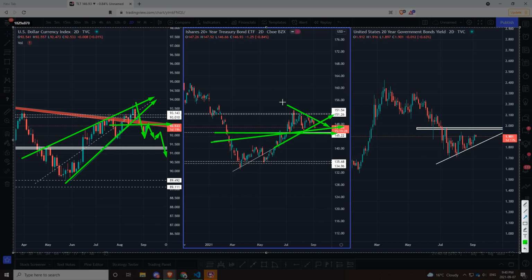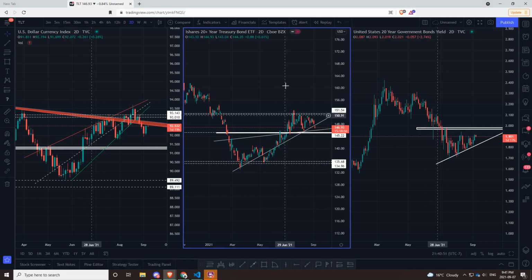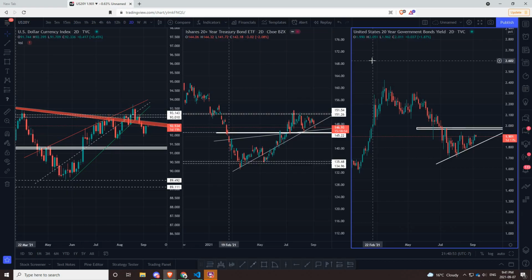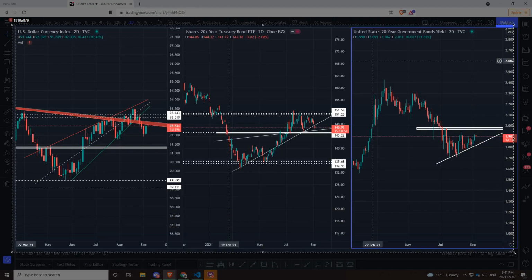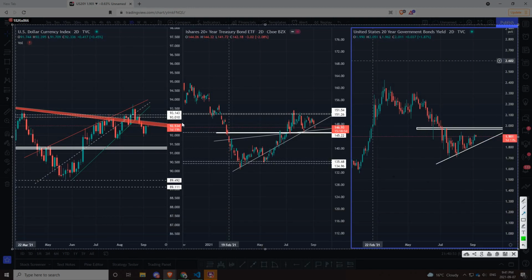Once it breaks that zone, in my view, let's just get that screen on again, that would be the validation that both the DXY is on its trend down back to its previous low, and the TLT chart is topped from this squeeze, and it's now going to continue its trend to the downside until it hits its next key level of resistance at around 135 to 134.